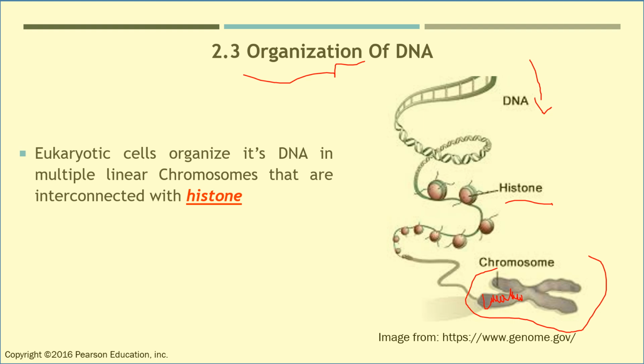If you study genetics, we tell you how many turns, how many histones, how many proteins each histone has. I'm not going to go into a lot of detail, but you can read it in your textbook. What I'm going to tell you is what happens in bacteria.